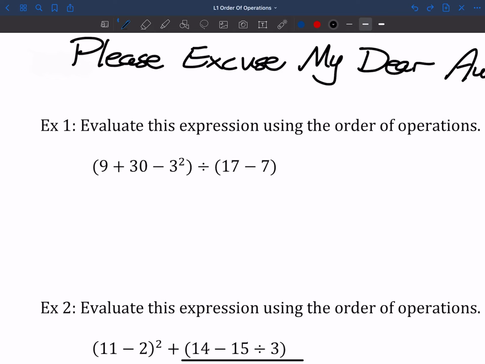Are there parentheses inside these parentheses? Thankfully, no. But after that, I have an exponent that I need to take care of. So first I'm going to bring everything else down: we've got 9 plus 30 minus, and then 3 squared, 3 times 3, is 9.